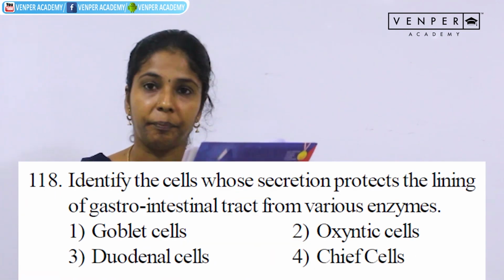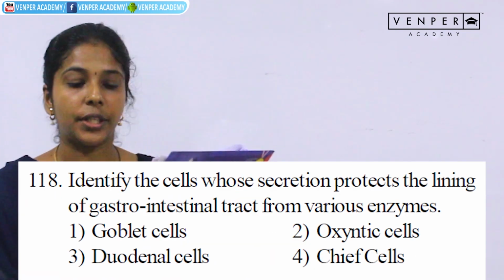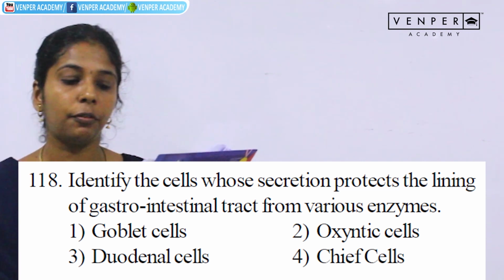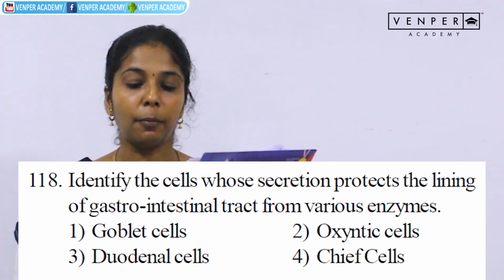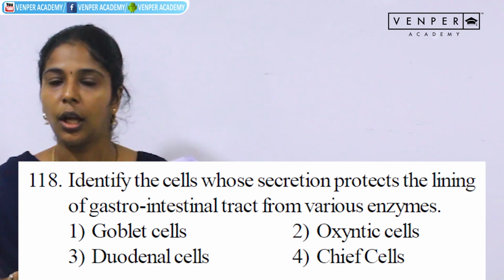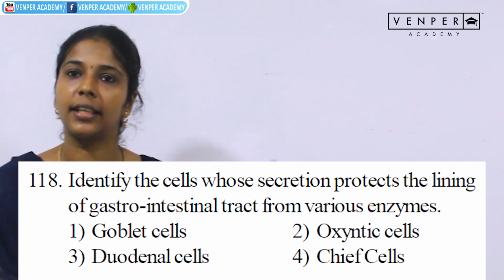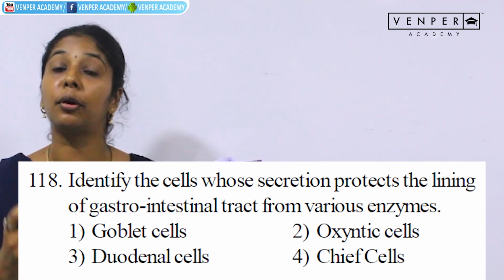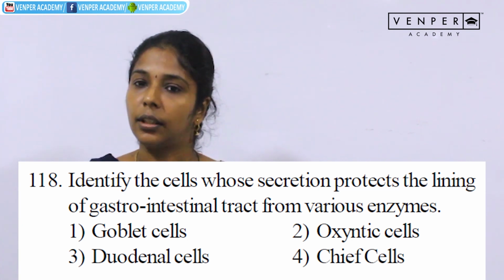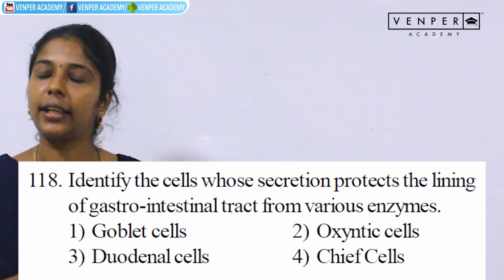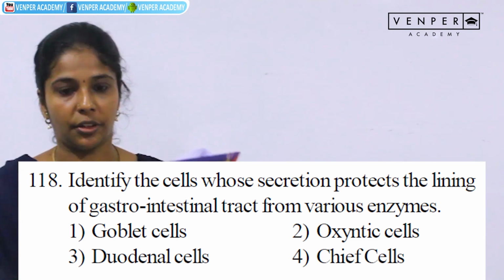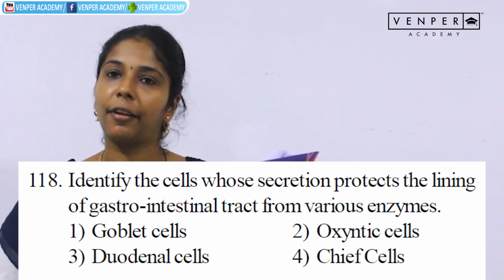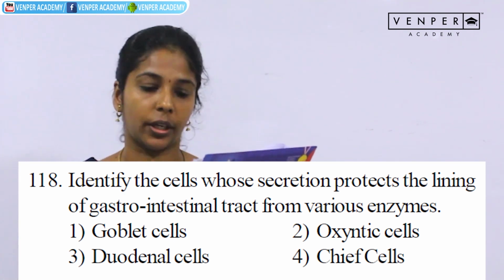Question number 118. Identify the cells whose secretion protects the lining of gastrointestinal tract from various enzymes. We all know that gastrointestinal tract is rich with enzymes and hydrochloric acid. The mucus secretion helps in protecting the gastrointestinal tract. So we should identify the cell which secretes mucus.